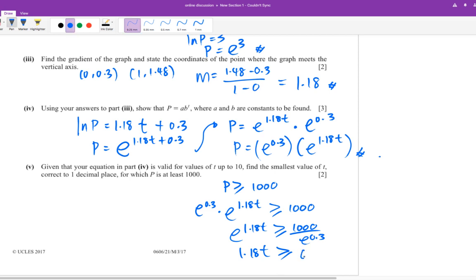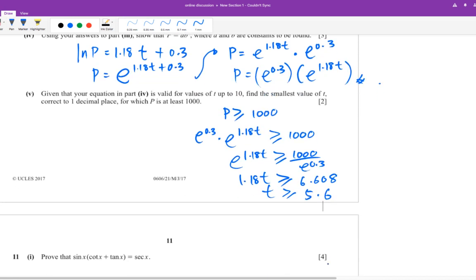This one should be 6.608. So t is basically divided by 1.18, which is 5.6. Give your answer in one decimal. I guess my answer is just 5.6.